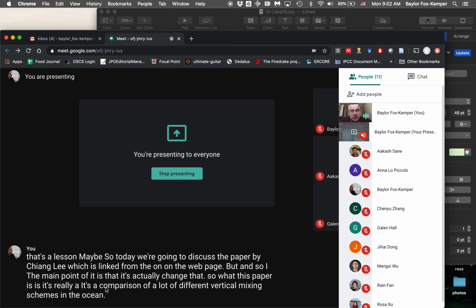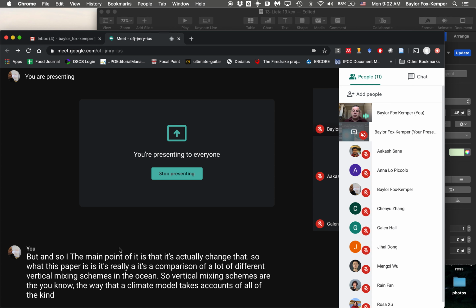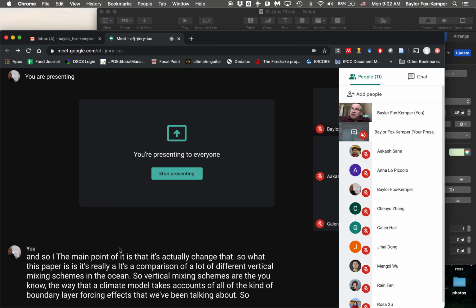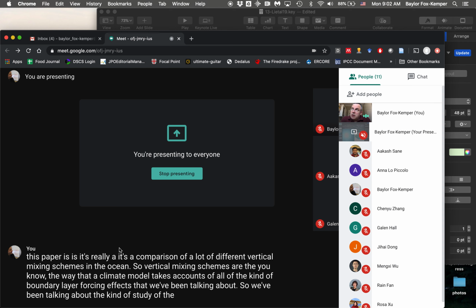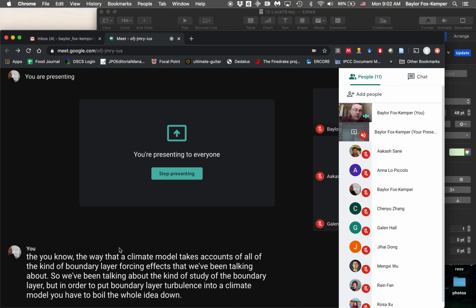Vertical mixing schemes are the way that a climate model takes account of all of the boundary layer forcing effects that we've been talking about. So we've been talking about the study of the boundary layer, but in order to put boundary layer turbulence into a climate model, you have to boil the whole idea down into something pretty simple, just a few closed equations.